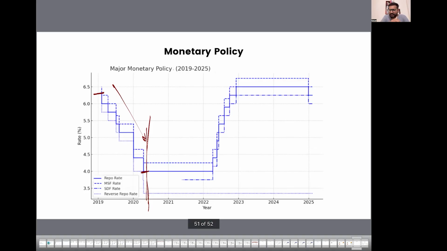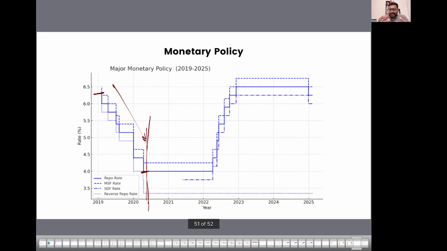Now, this was done so that the interest rates are decreased by the banks, and more people take out loans from banks and invest in businesses, invest in opening companies, factories, and other economic activities, so that our economy does not suffer. Because during the COVID period, and due to the lockdown, a lot of businesses closed and a lot of people lost their jobs. So there was a necessity at the time to decrease the interest rates to give a push to the economy.